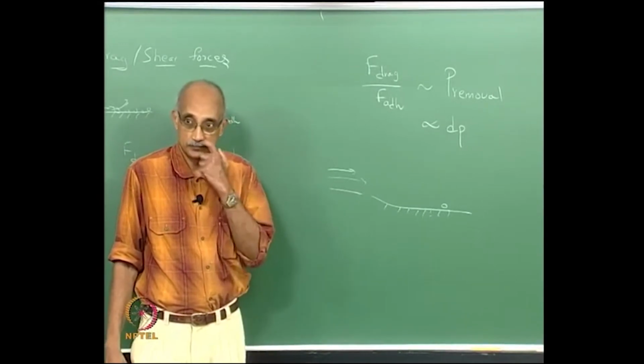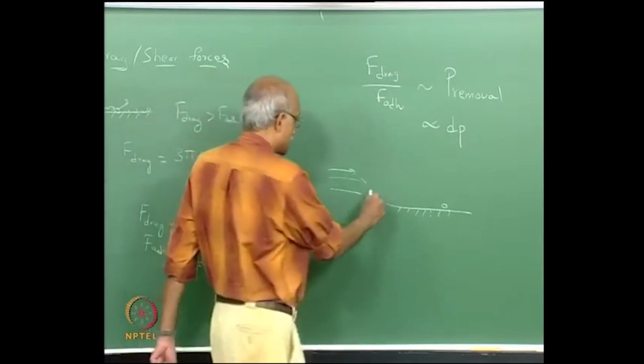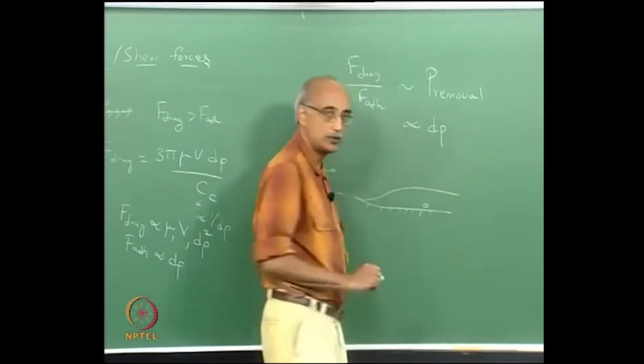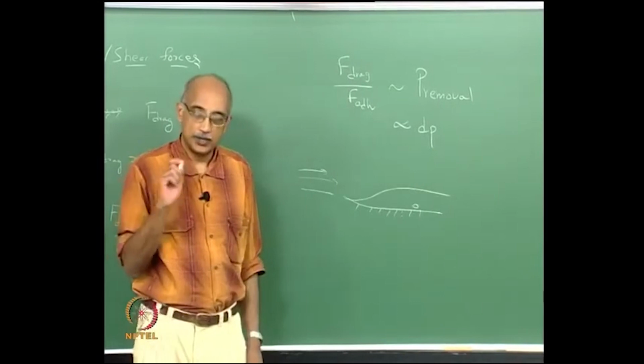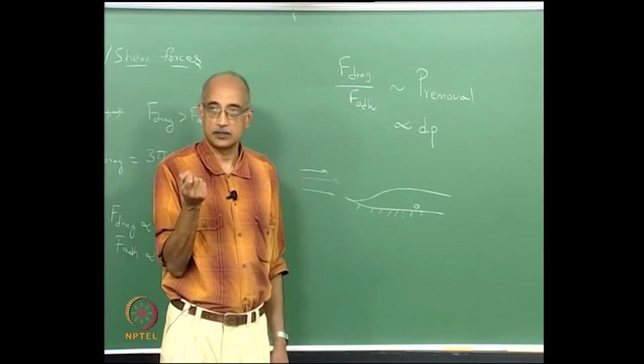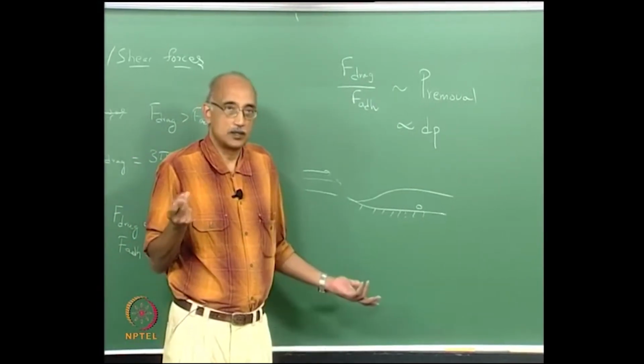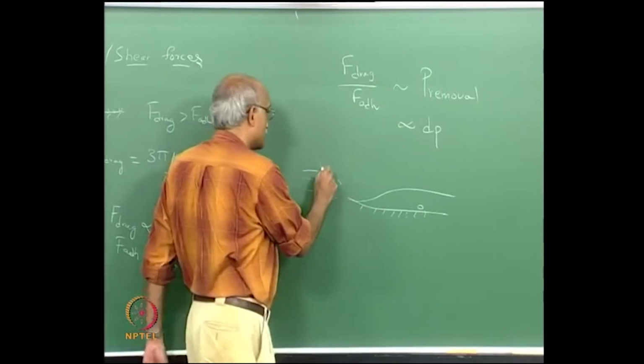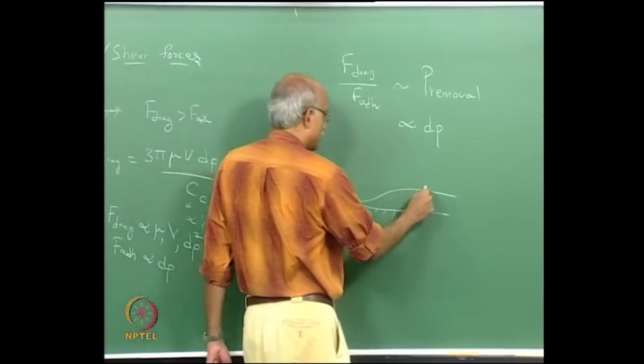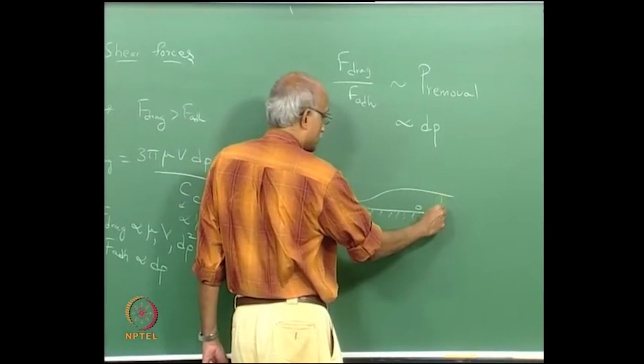Boundary layer effect, because as soon as this happens you are going to start forming a boundary layer here, right. If the boundary layer thickness is greater than the size of the particle, it is never even going to experience this velocity. This V, if you look at the velocity profile, what is that going to look like?